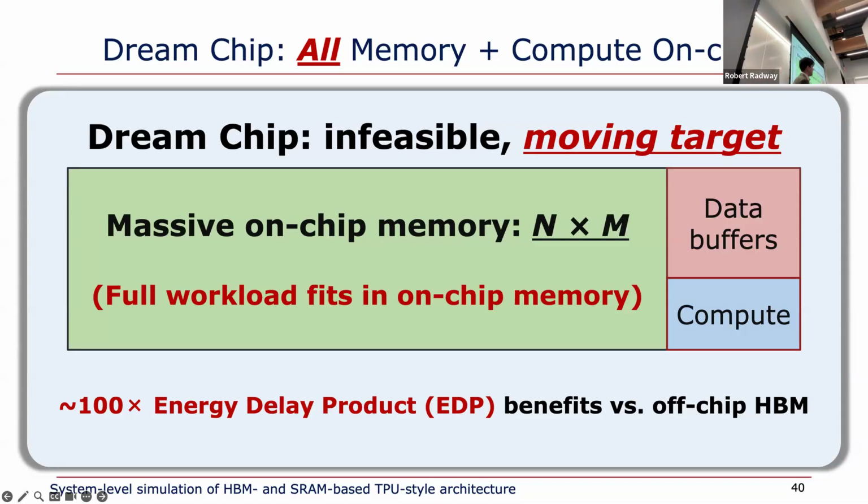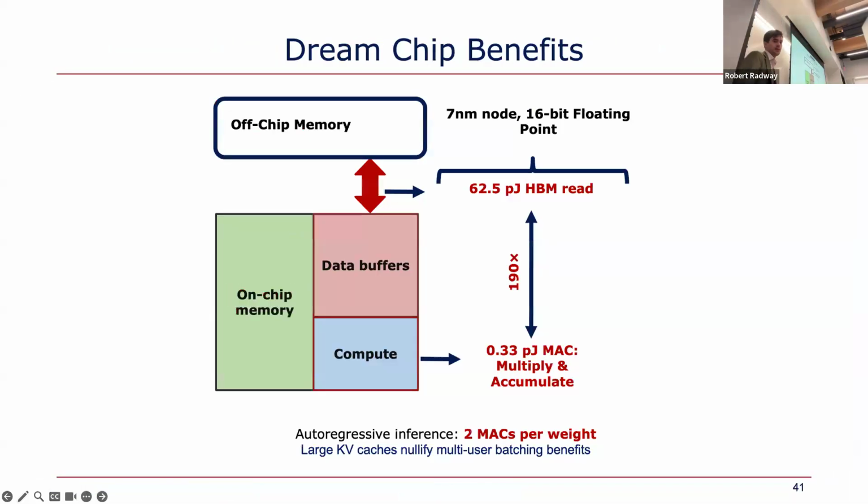The workloads have shifted, but we still need to think about how we can overcome those types of bottlenecks in building our systems. I gave the example of RAM versus traditional memories, like 10x to 100x EDP benefits. This is the same for advanced node GPUs as well. If you look at HBM, it's like 65-ish picojoules per read, whereas the computation is 0.33 picojoules for an 8-bit operation.